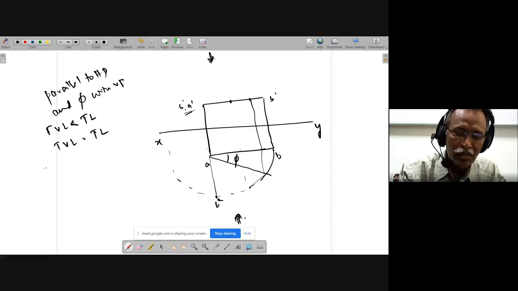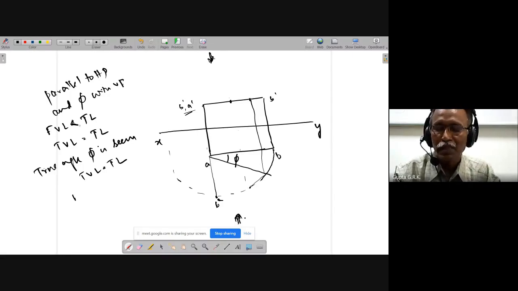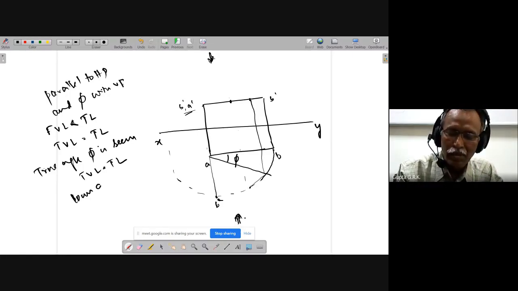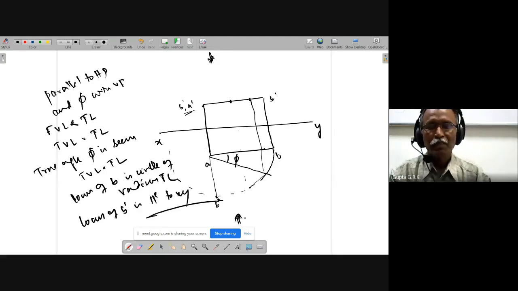So when true angle phi is seen, the top view length is equal to true length, and front view length is always less than true length, and the locus of B is a circle of radius true length, and the locus of B dash is parallel to X. Okay, all these conclusions you remember.